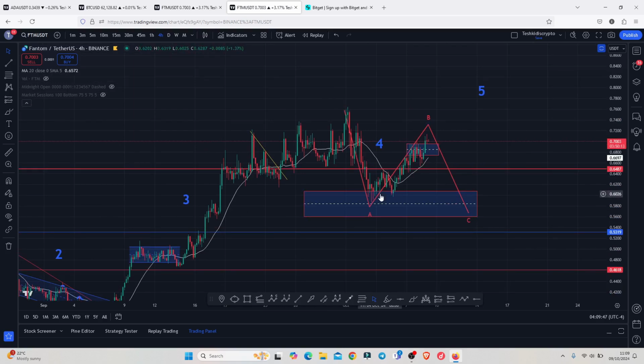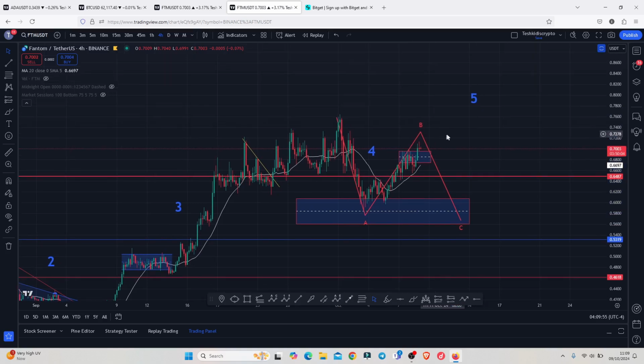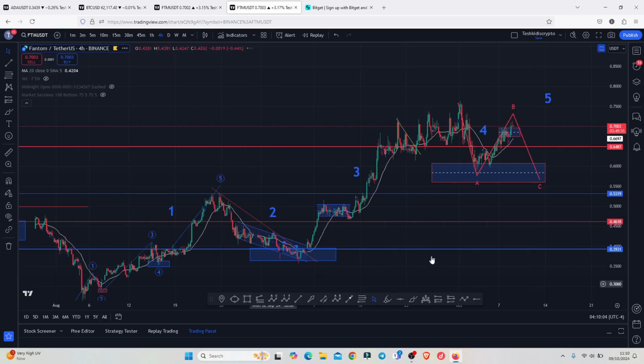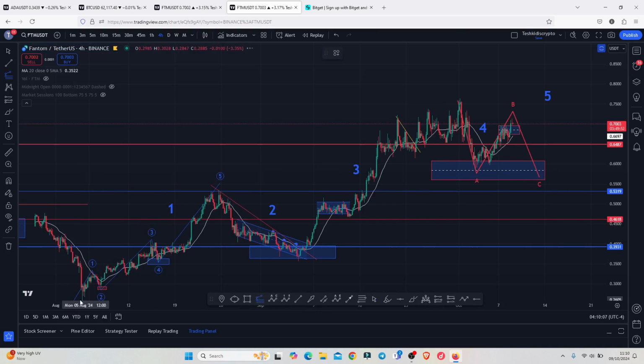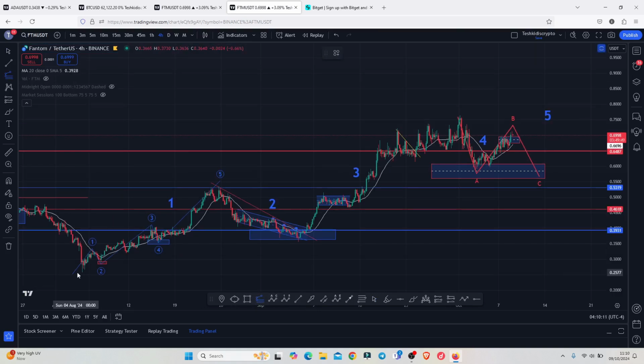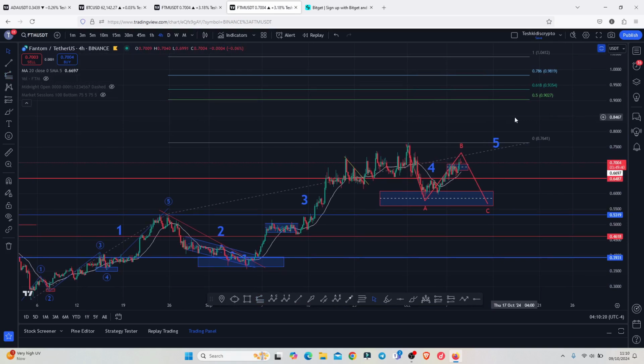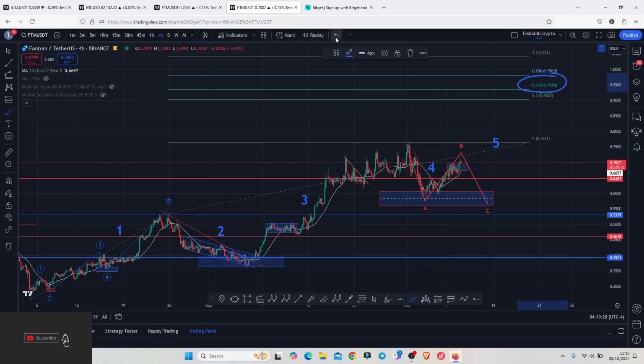The first one is that there are chances that we have a low in place for this Elliott wave count 4, and this reaction that we are seeing at the moment is the start of an impulsive Elliott wave count 5 to the upside, whose minimum target areas can be given by connecting the trend-based Fibonacci from the low of the first wave down there to the high of that Elliott wave count 1, then dragging the fibs to the high of this Elliott wave count 3, giving me a minimum target area for that Elliott wave count 5 above the fib level 0.618, and that is above the 0.9354, which is an area that we can easily maximize in the next coming hours.